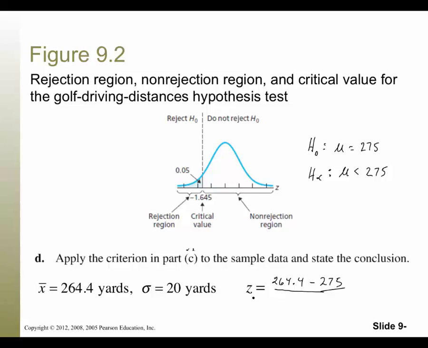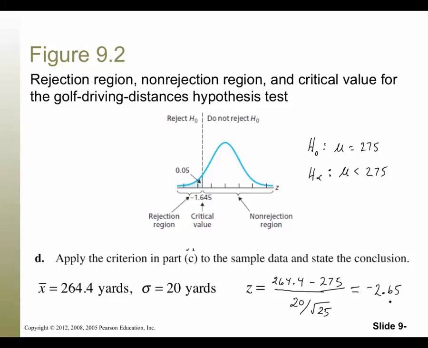But z is the number of standard deviations, so we divide by 20, and then for a sample of 25, divide by the square root of 25. What do we get for that z-score? Negative 2 something, right? 2.65? So if his mean driving average was 275, then this sample lies negative 2.65 standard deviations below the mean.